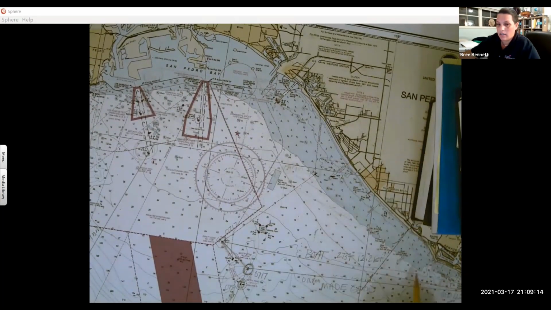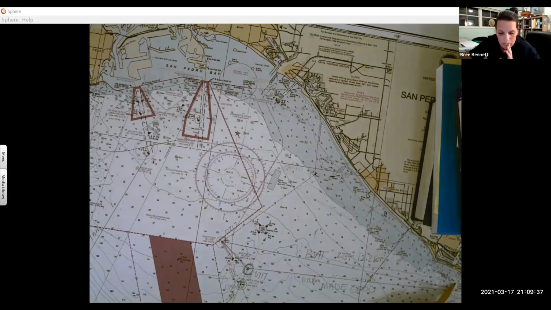Our NWP buoy down here has NWP on it, and it says MOA. So that's describing the light abbreviation: Morse code A. That's long, short, long, short, long, short.